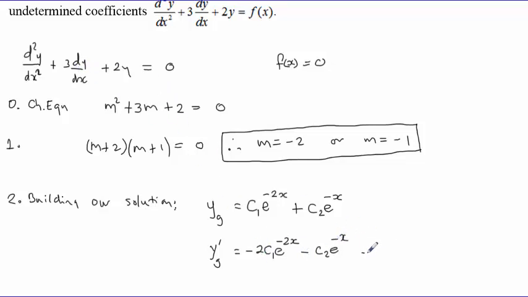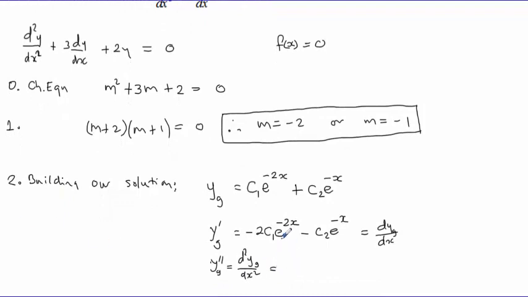We can denote this as dy dx. Now this is our general solution's dy dx. The next thing now will be to find the y second, which is simply our d2y dx2.